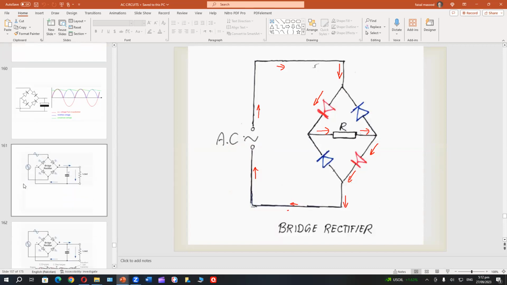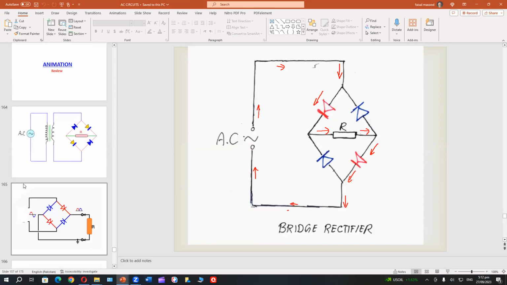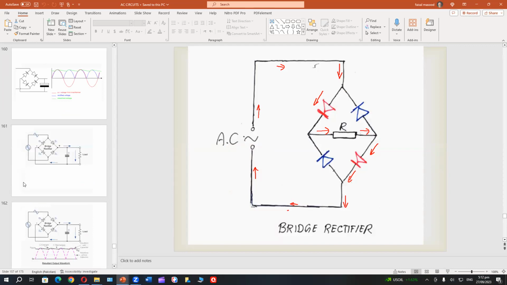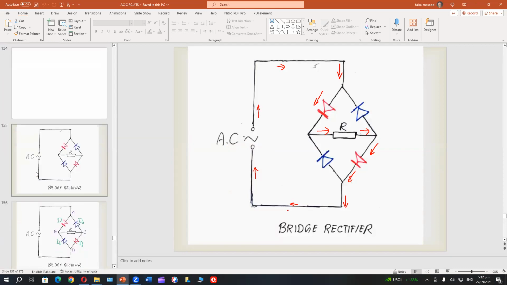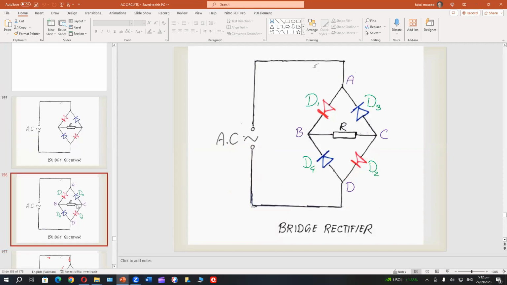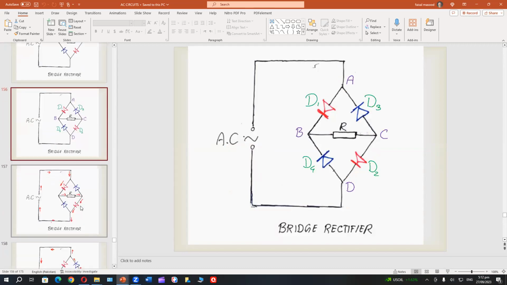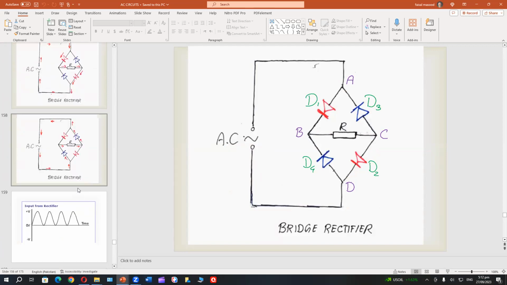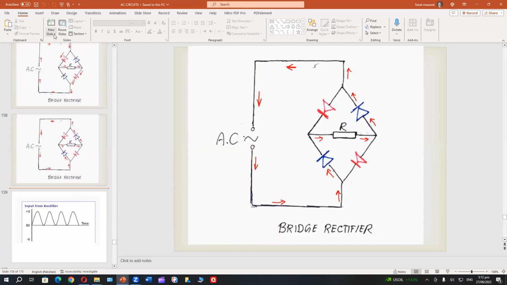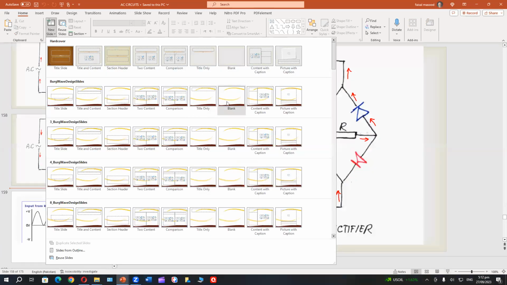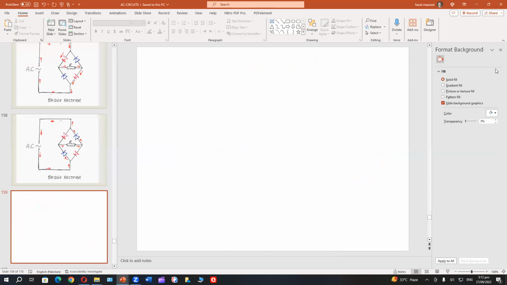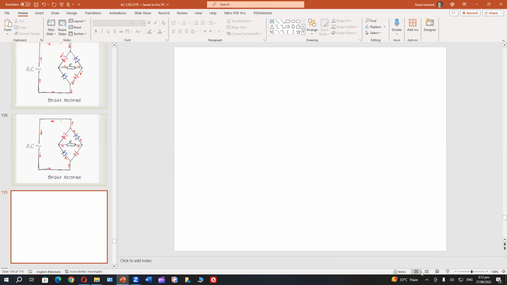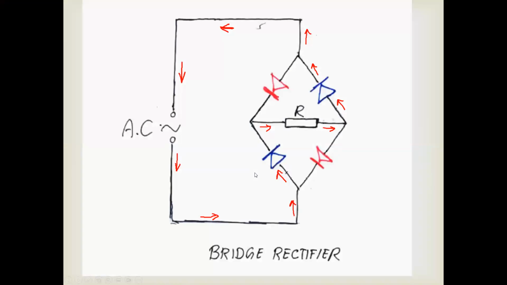Now write under it that at a time, 2 diodes are conducting while the other 2 are not conducting.